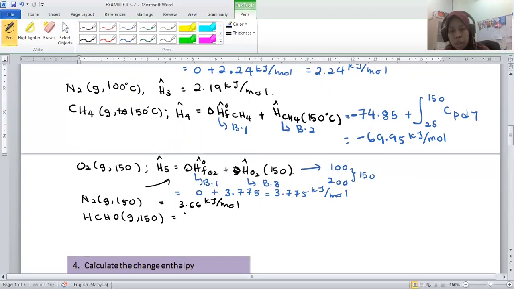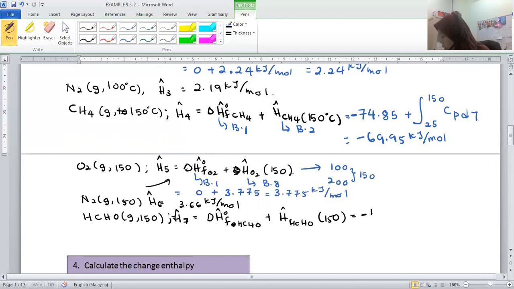So determine the H6, H7. The change of formation of the HCHO, standard, plus the HCHO specific enthalpy at 150 degrees C. So you get the answer 1.115 kilojoule per mole, for formaldehyde.